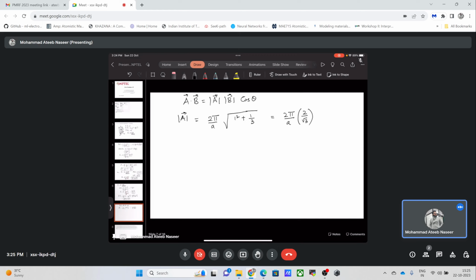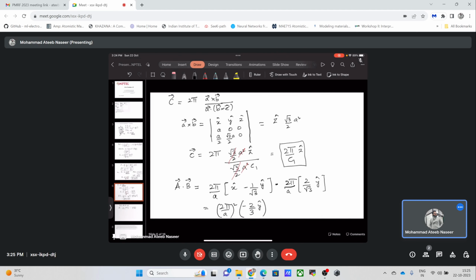So this is the magnitude of vector A, and the magnitude of vector B will simply be 2 pi by A times 2 by root 3.